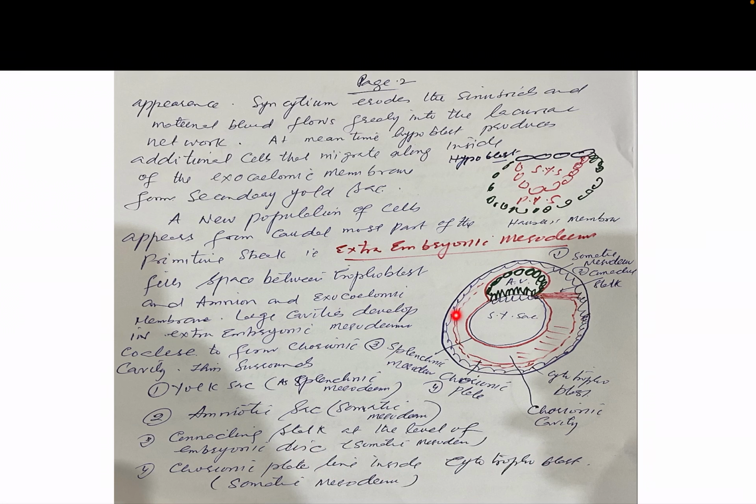The connecting stalk is also somatic mesoderm. Around the amniotic sac is somatic mesoderm, but around the exocoelomic membrane or yolk sac is the splanchnic mesoderm. So they will later on develop into the blood vessels and other components of the embryo.